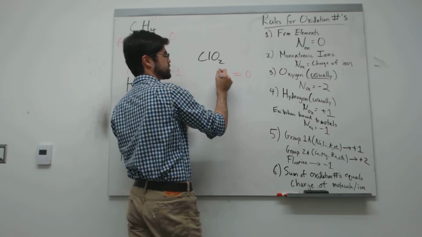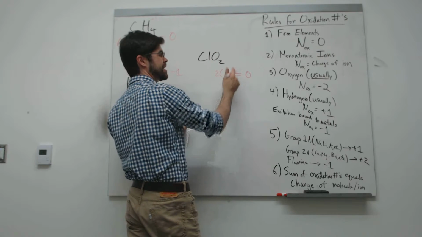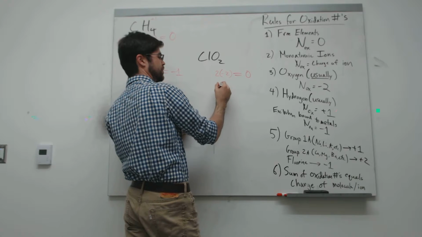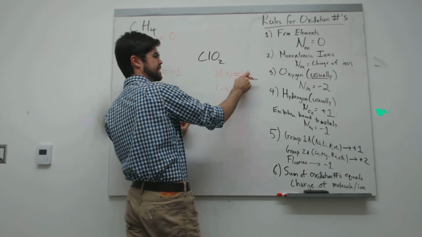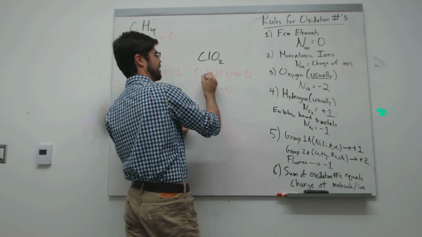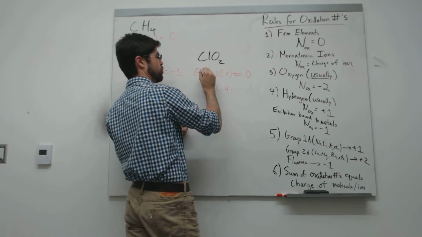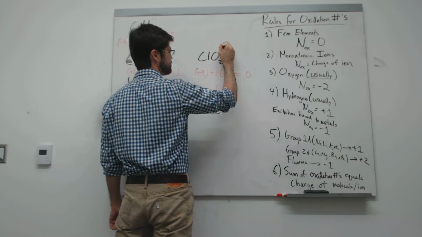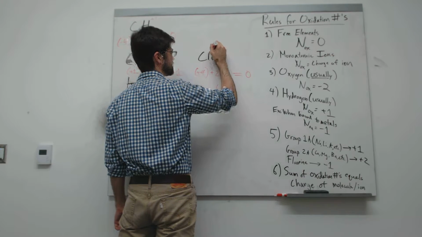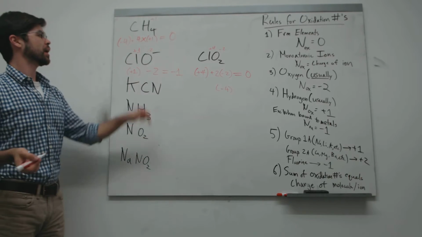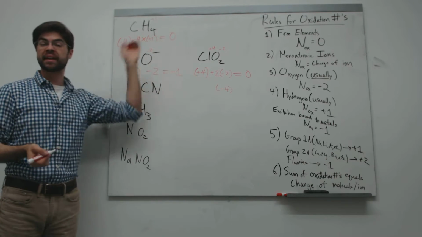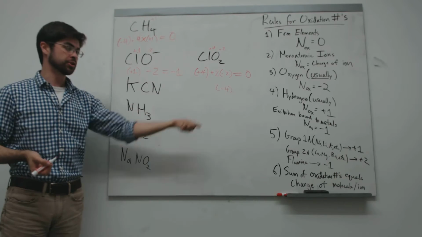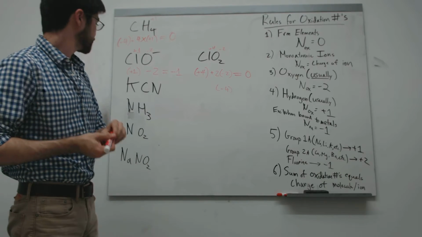The oxygens, there are 2 of them, and they each are providing a -2 oxidation state, so this term collectively should be -4. To get to 0, that only is going to happen if chlorine has a +4 oxidation state in this compound. So even though they're very similar in terms of the number of atoms, they can have drastically different oxidation states for species other than oxygen, hydrogen, or one of the alkali or alkaline earth metals.